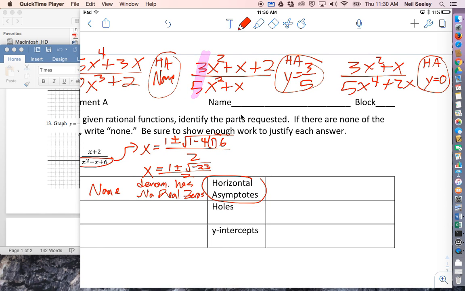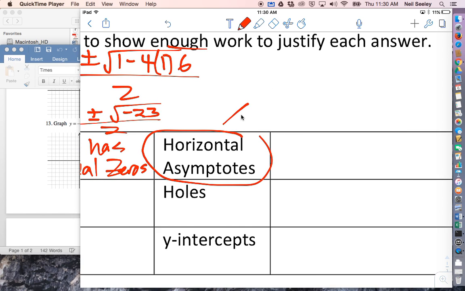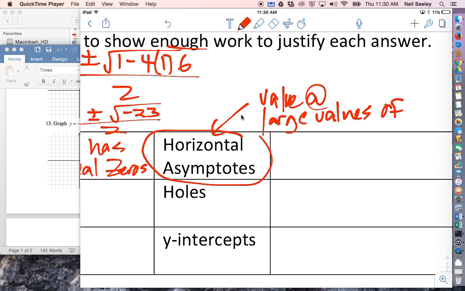And the big concept is, a horizontal asymptote is a value your graph approaches at very large values of x. When you zoom out and you see this graph leveling off at a certain height, that's what a horizontal asymptote is. It's where your graph goes. It's the value at large values of x, and that's what we're interested in. Maybe you can interpret that in other ways, but it's about getting extreme values of x.